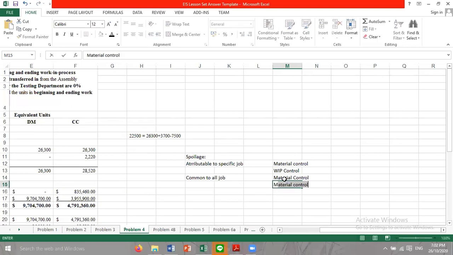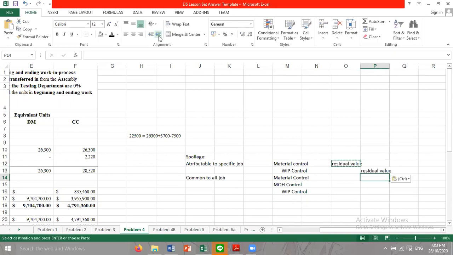We will also debit MOH control. And we will credit WIP control. Okay, so here, the amount: this is residual value, this is also residual value, this is residual value. This is original value. This is the loss in value.